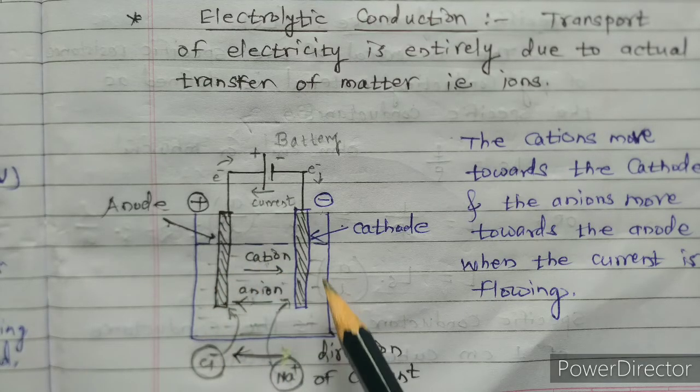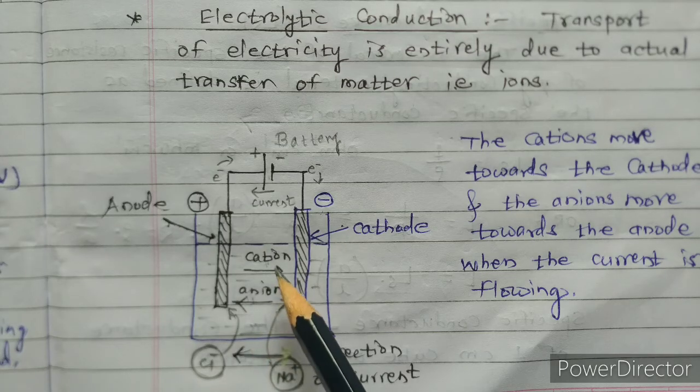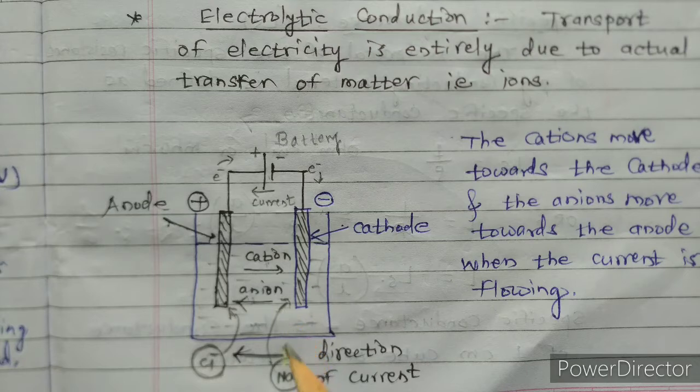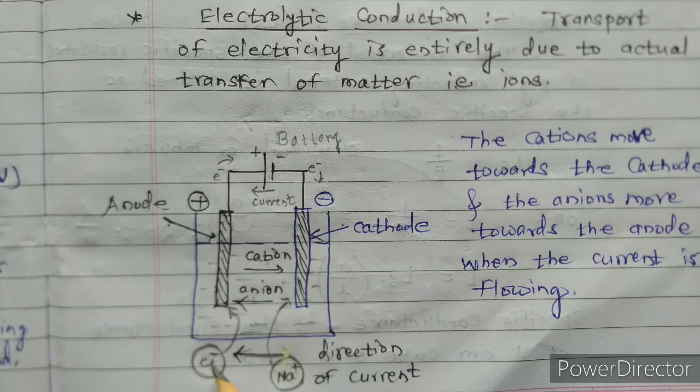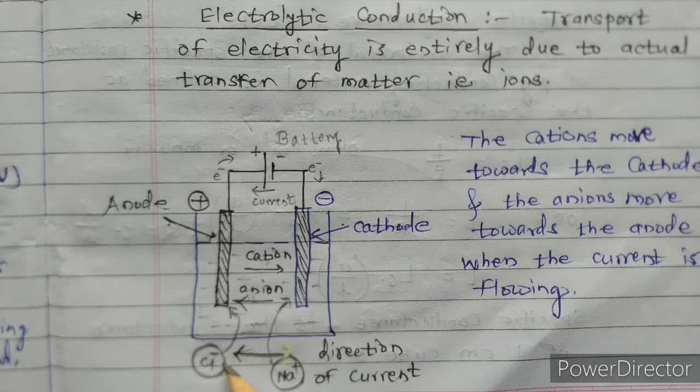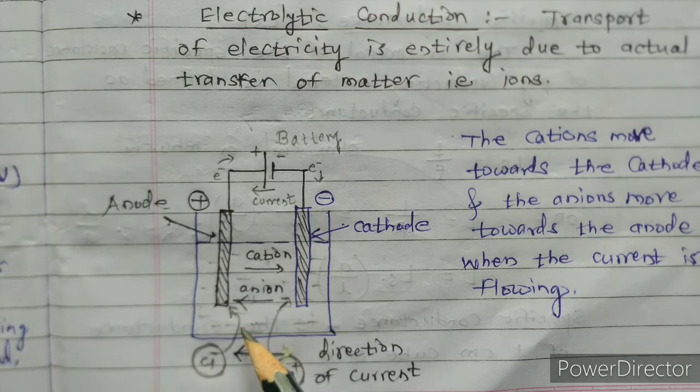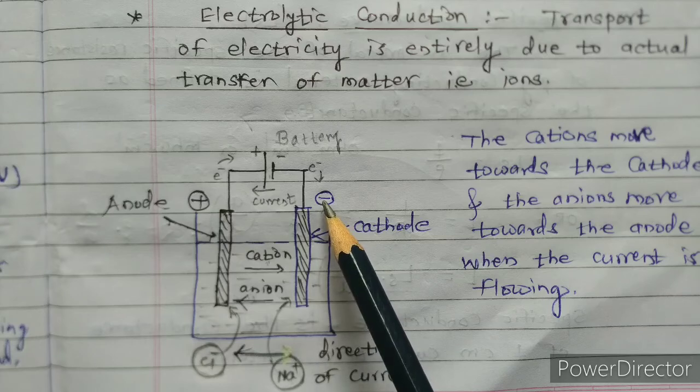It consists of an electrolyte having anions and cations. For example, molten NaCl. NaCl has Na plus cation and Cl minus anion. They are transferred towards the respective electrodes. Cl minus anion is transferred towards the anode, which is positively charged, and Na plus cation moves towards the cathode, having negative charge.